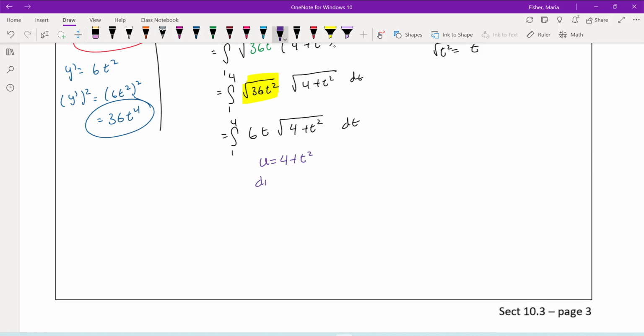The derivative du would equal 2t dt. Well, you don't have a 2t dt, you have a 6t dt. So if you multiply both sides by 3, du is going to equal your 6t dt. Therefore, this becomes the integral from t equal 1 to t equal 4 of, instead of the square root, I'm going to write the 1/2 power.